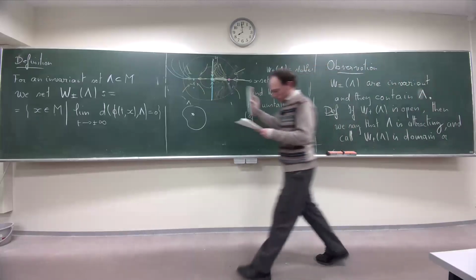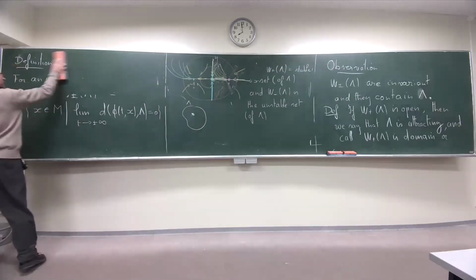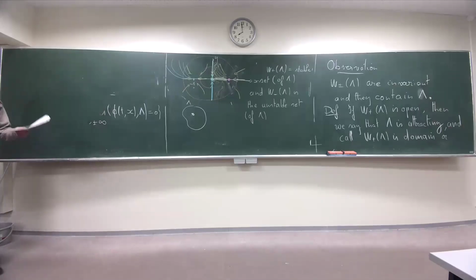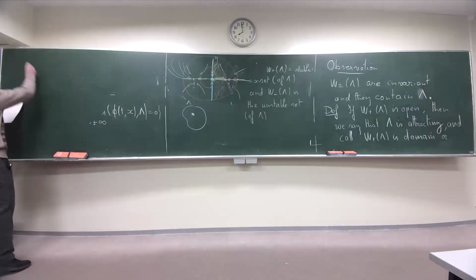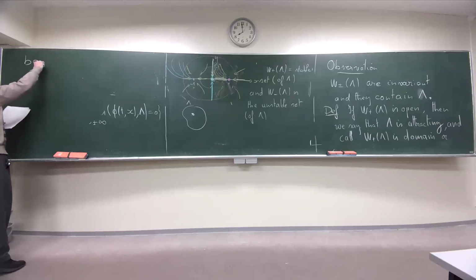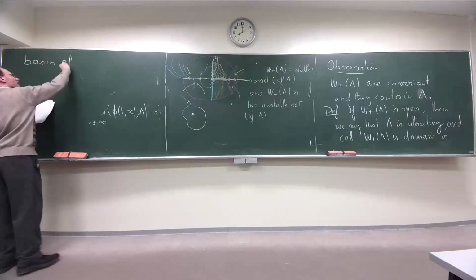I don't know how to say it in English. Bassin. Who can teach me? I have to write it. Because this is a French word, bassin of attraction.